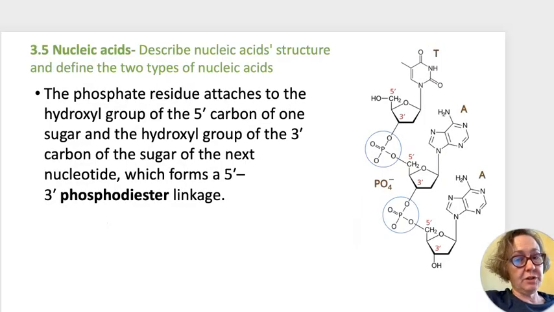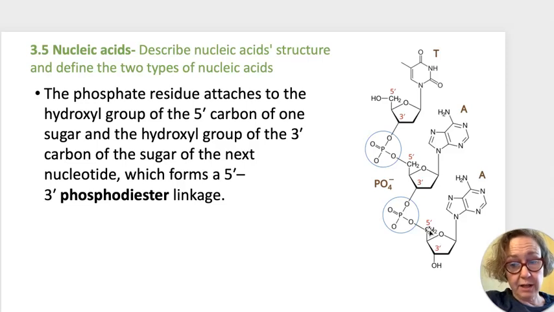The phosphate residue attaches to the hydroxyl group of a 5' carbon. That's our carbon number 5, right? 1, 2, 3, 4, 5. Okay, so the number 3 carbon of the previous group attaches with this phosphodiester linkage to the 5' carbon. Okay, do you see?